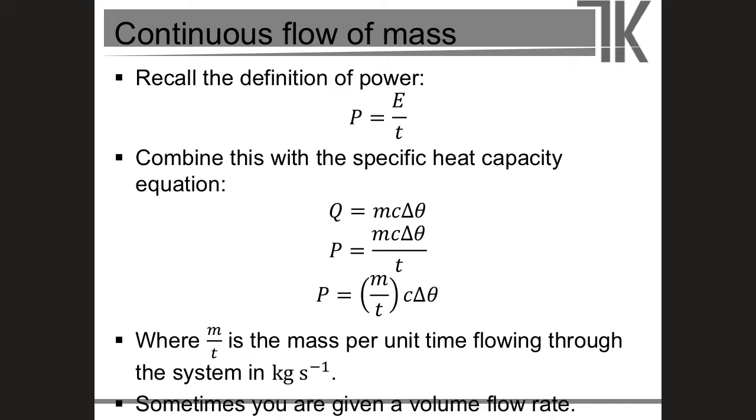And sometimes instead of a mass flow rate, you're given a volume flow rate, which would be meters cubed per second. So pause the video now and have a go at trying to get an equation that corresponds to a volume flow rate. So we're going to cheat just a little bit, and we're going to use the expression that we already had for our mass flow rate and just incorporate the relationship between volume and mass.